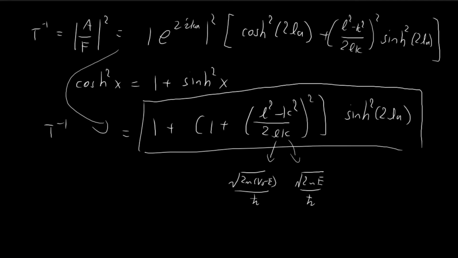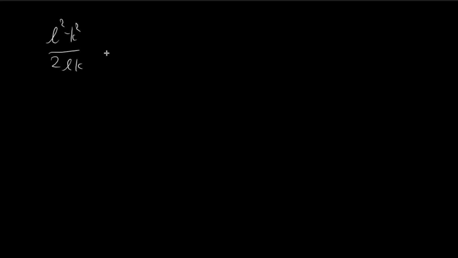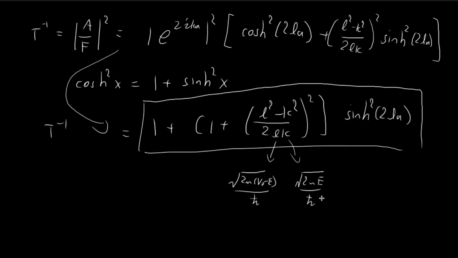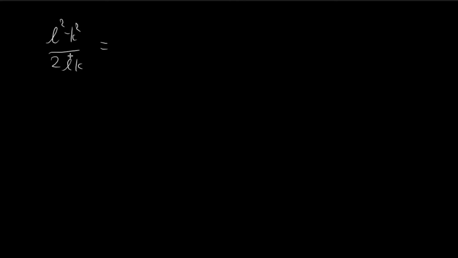And so moving on, we'll focus on the (L squared minus K squared) divided by 2LK expression, and then we're going to substitute in their definitions. So L squared just becomes (2m(V0 minus E) divided by h bar) squared. K squared just becomes (2mE divided by h bar) squared.